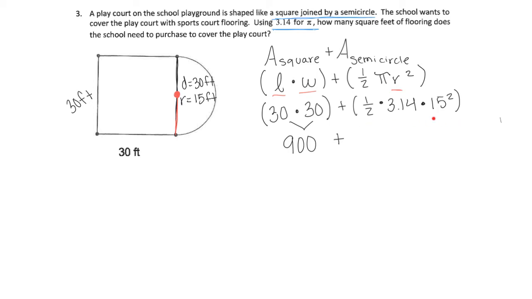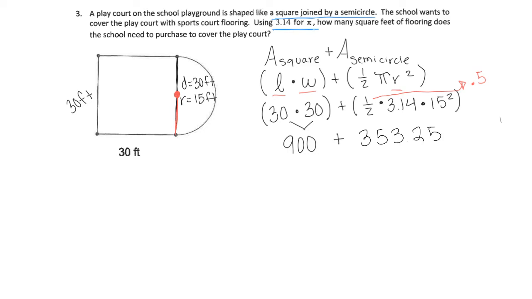You can calculate this in your calculator, and remember, an easier way to go about multiplying 1/2 into your calculator is putting it in decimal form, which is 0.5. So once you've calculated that in your calculator, you would get 353.25.